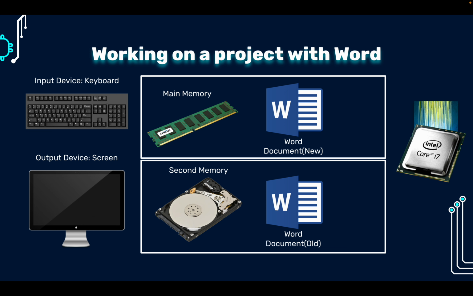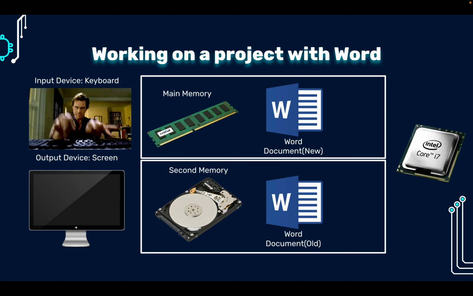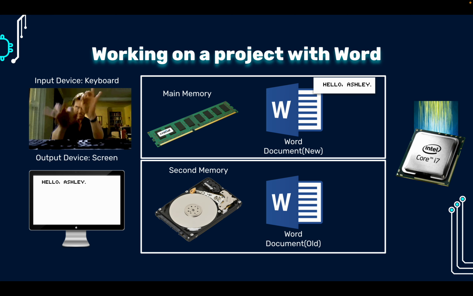Right now you may want to type something into the file, using your keyboard. After receiving the input from the keyboard, the CPU will execute the instruction, display the input on the screen, and also update the file in the main memory.